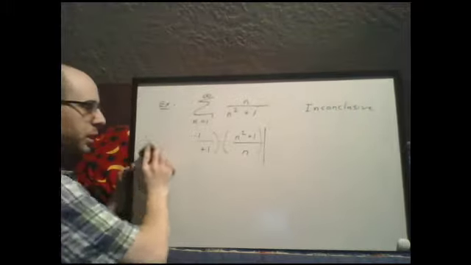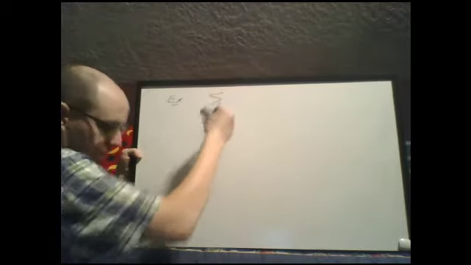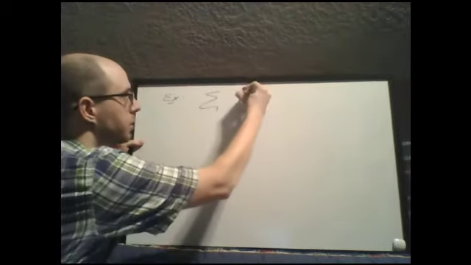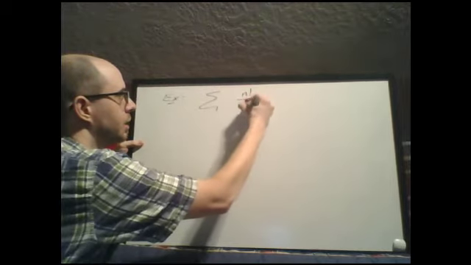What it does help us with is when we have combinations of formulas, including exponential expressions, so like a number to the nth power, or especially factorials. Factorials are handled very nicely by the ratio test. So let's look at one of those. Suppose we had the summation of n factorial over 8 to the n.